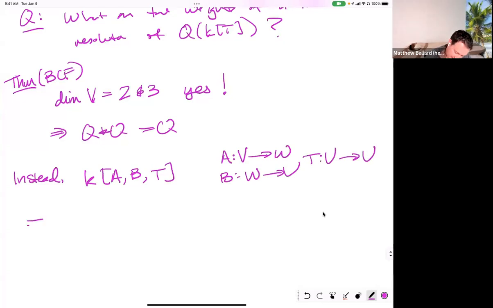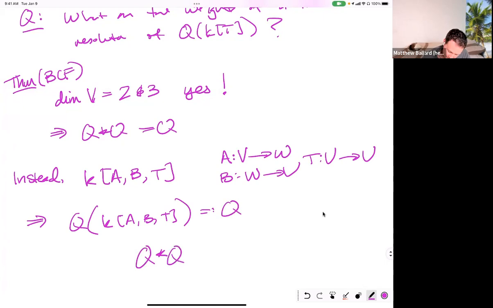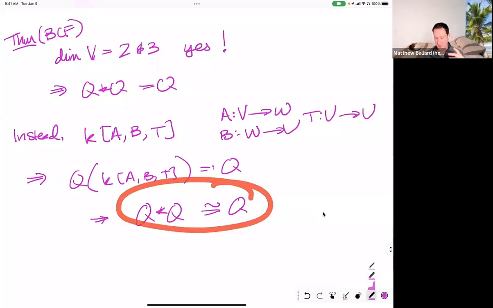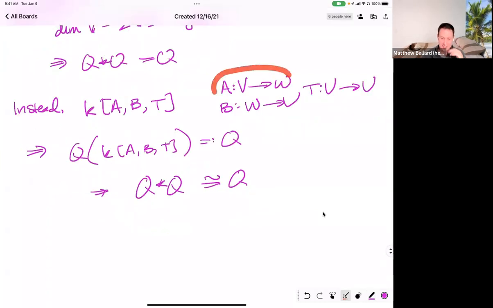So this implies that if I do Q of K, A, B, T, then this also satisfies, just redefine this to be Q, Q star Q equals Q. Okay, it's not so hard to deal with Q star Q when the action extends to the monoid on one side or some other side.